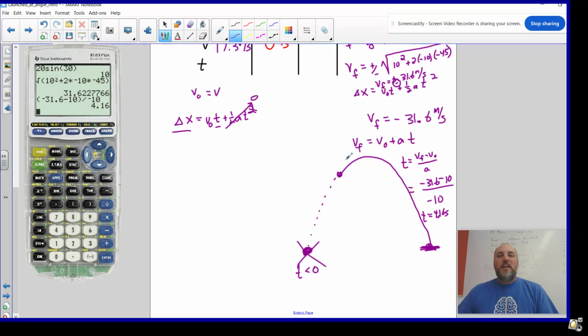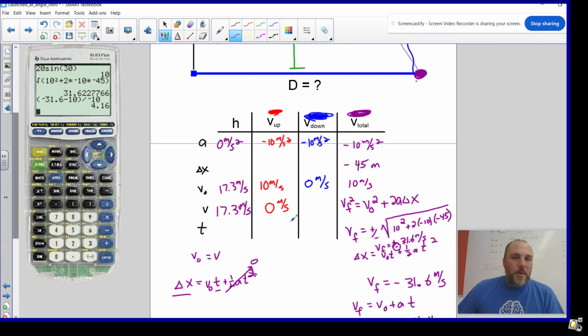Now again, if you did the quadratic formula with the second kinematic equation, one of the times that you would have got was 4.16, and another time would have been negative, which is non-physical. So I'm going to borrow that time of 4.16, and I'm going to bring it over to the horizontal, and that is the total flight time, 4.16 seconds.